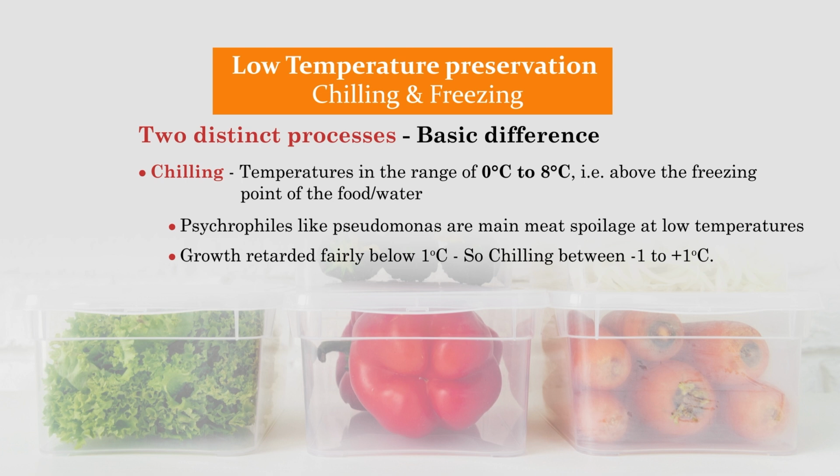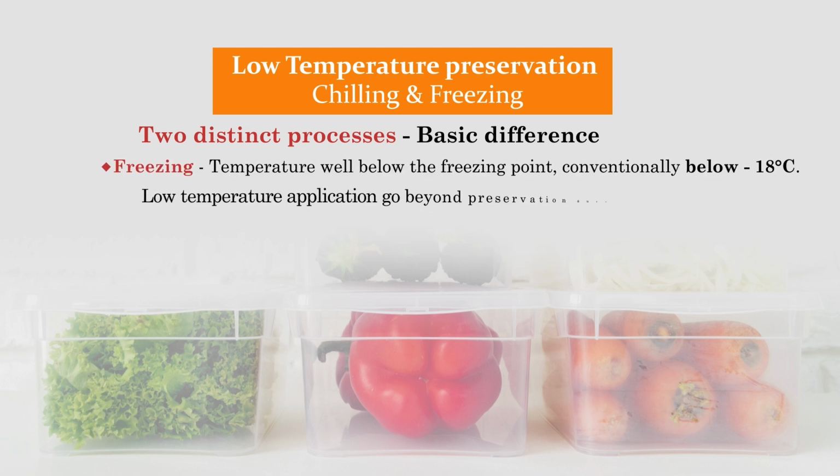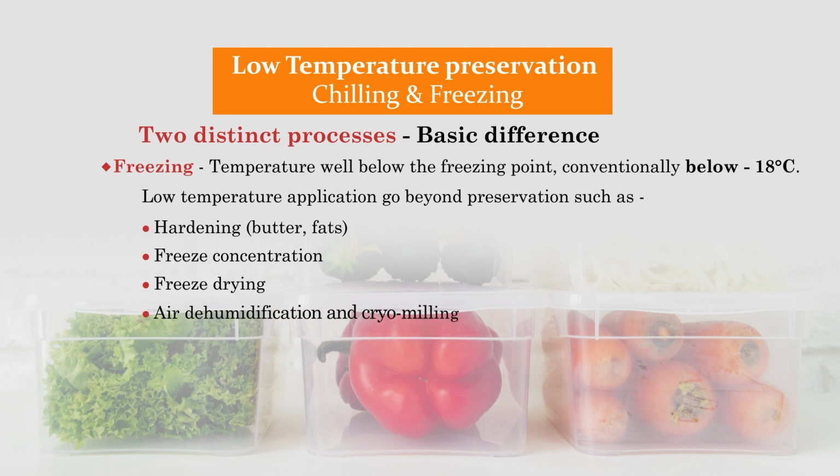So that is how chilling is defined. While freezing, of course, needs a temperature much lower than 0, and conventionally the storage temperature used is minus 18 degrees centigrade, though freezing might take place at much lower temperatures.